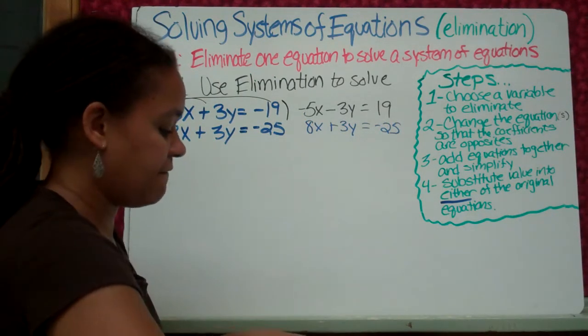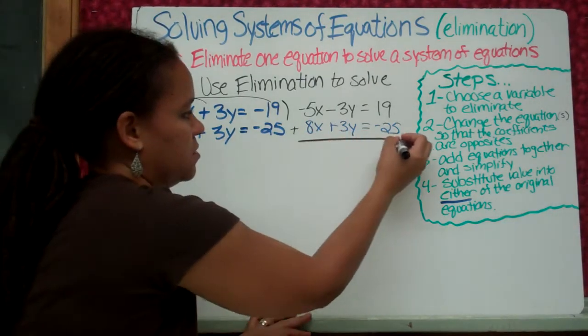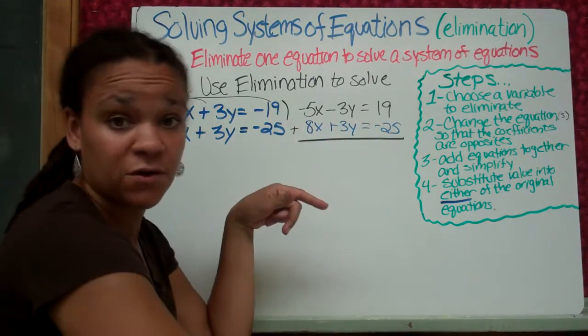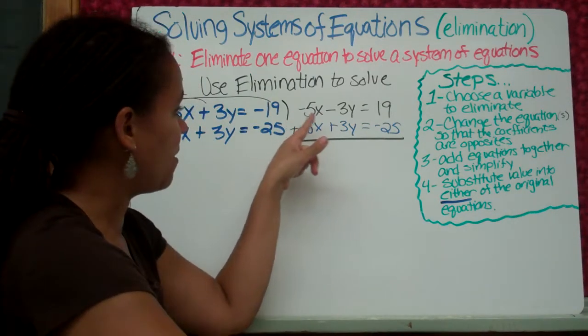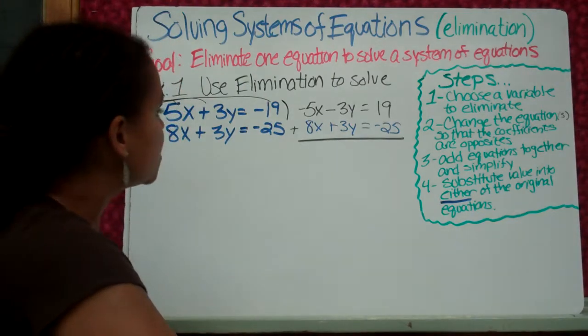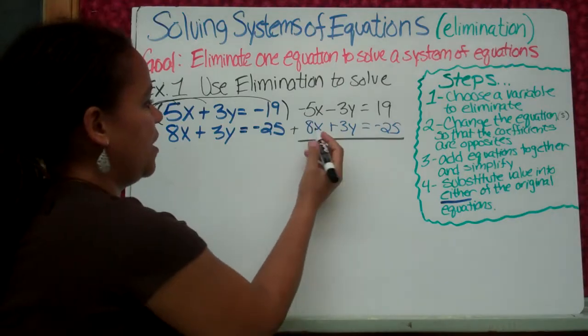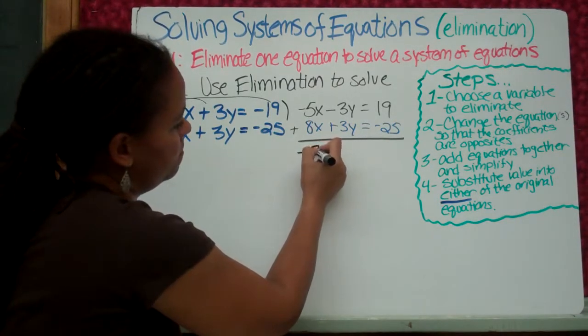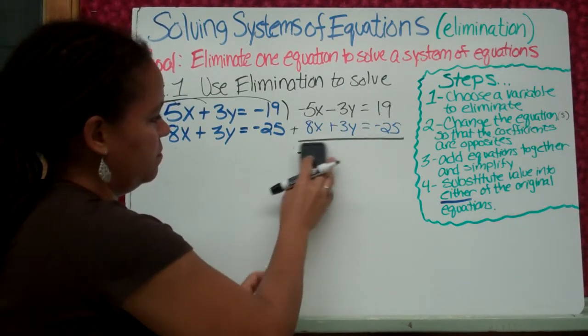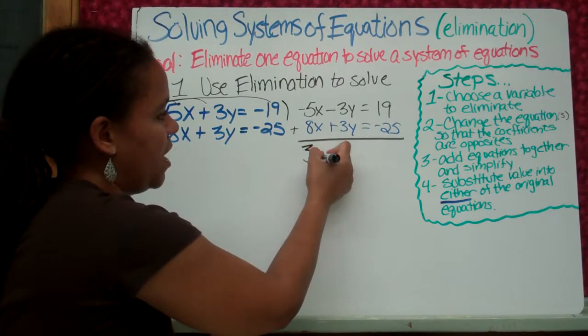So now that I have those, I can actually add these equations. I've changed my first one by multiplying by -1, and now I'm going to go ahead and add them together. So here, -5x plus 8x, -5 plus 8 is going to be 3x.